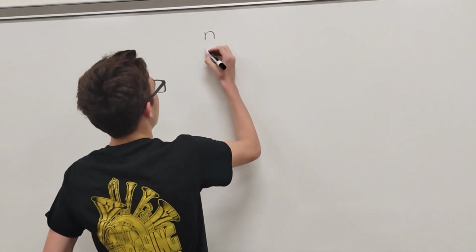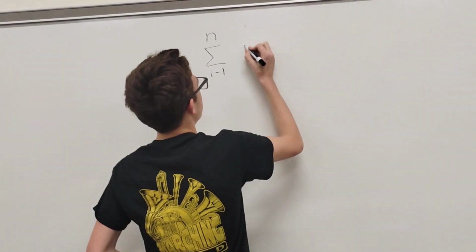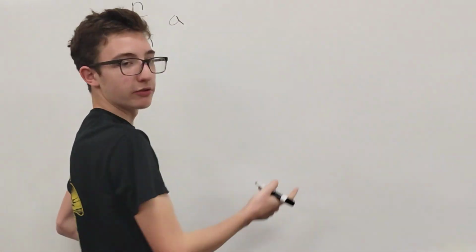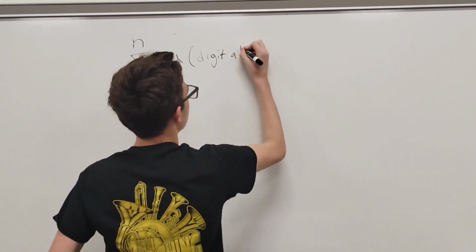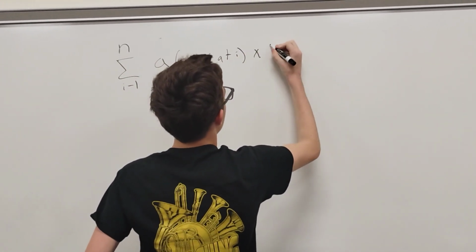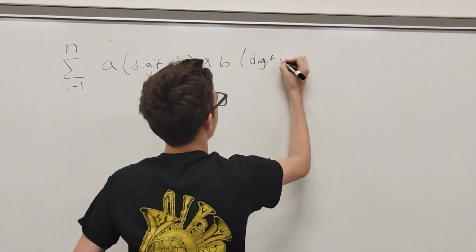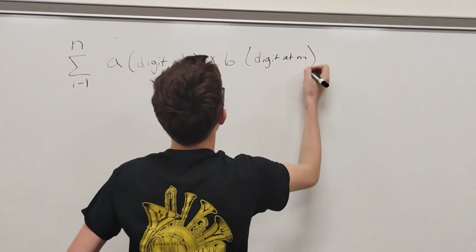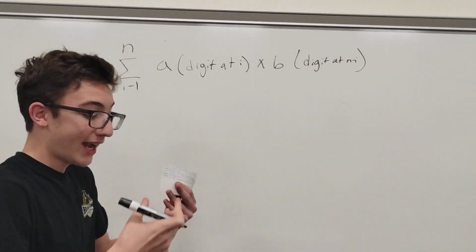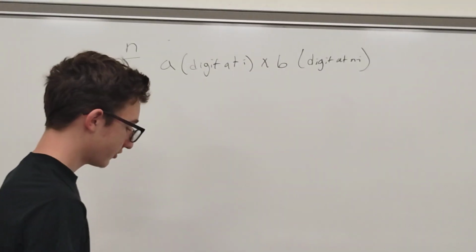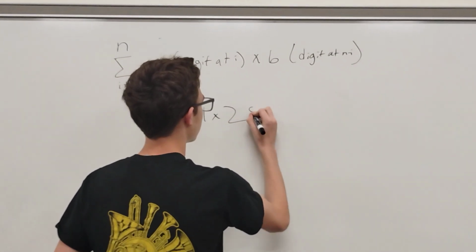So, we have the first number, which we're going to represent as A, multiplied by the digit at I, times the second number, which we'll represent as B, multiplied by the digit at n minus I. So once you do this, you'll add them together to get your product. So let's take 54 times 28 to demonstrate this.